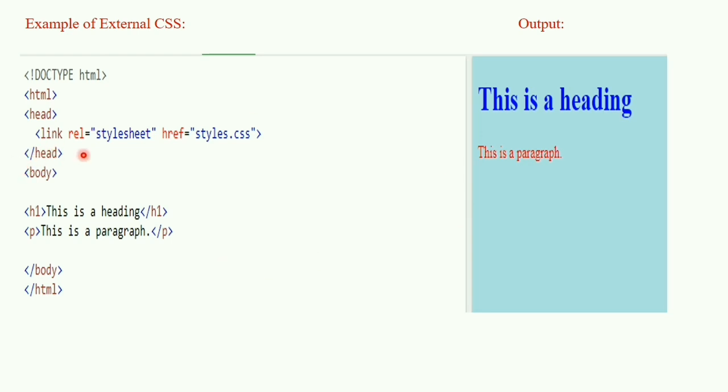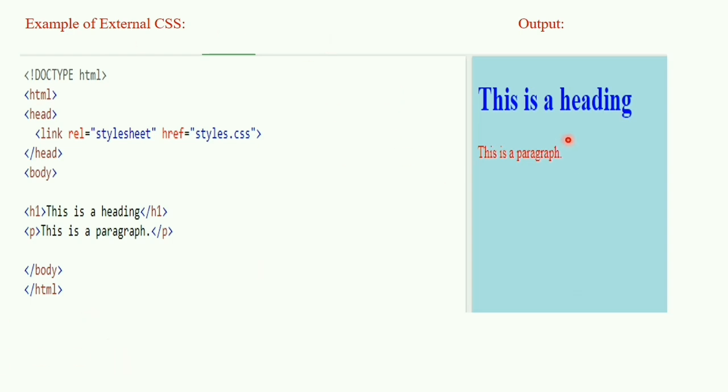Then end of head tag, body tag, h1 tag, this is a heading, end of h1 tag, paragraph tag, this is a paragraph, end of paragraph tag p, end of body, end of html. Now save this program with the name external.html and see the output of this program.